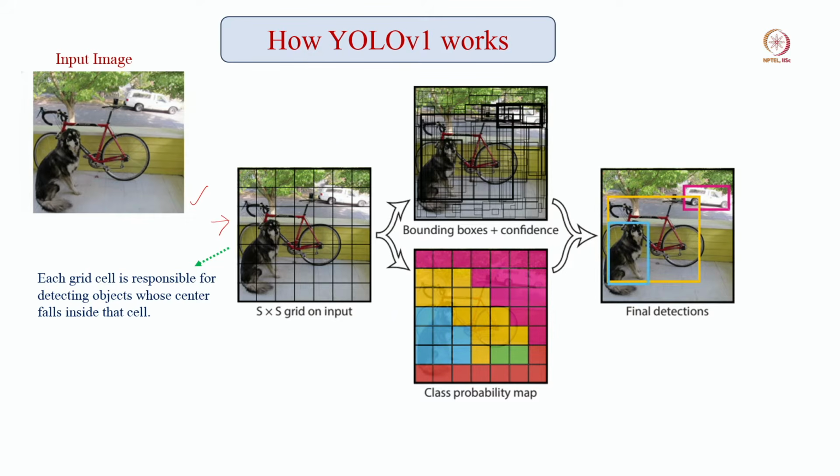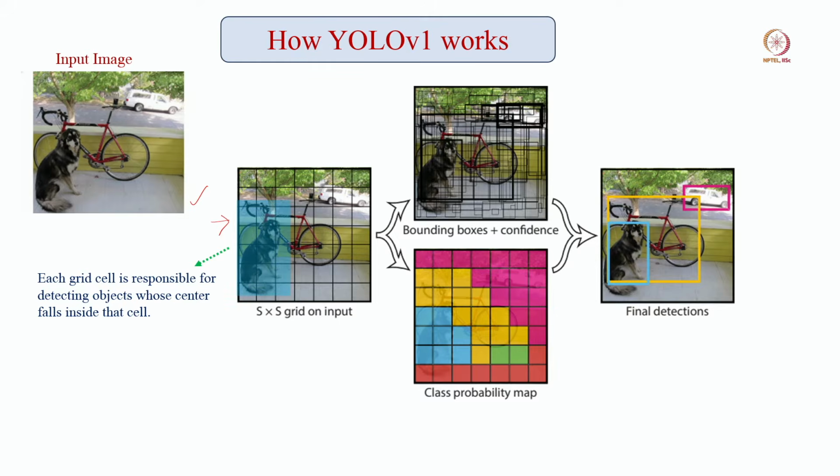The image is divided into S cross S grids. So, a grid is placed over the image, and each grid cell is responsible for detecting objects whose centers fall inside the cell.